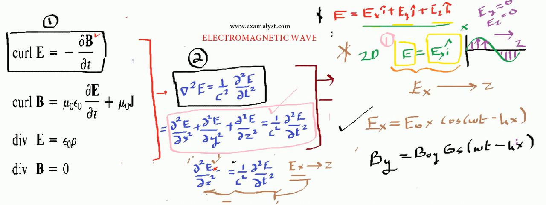If I had taken an electric field E with two components, Ex and Ey, then the solution would have been a bit tough. Why would it have been tough? Take it as an exercise: can you guess how many terms would have been in our wave equation if I had taken Ex and Ey?